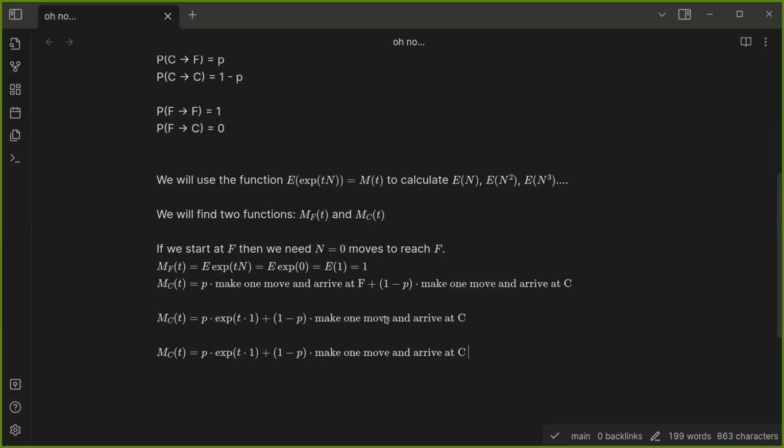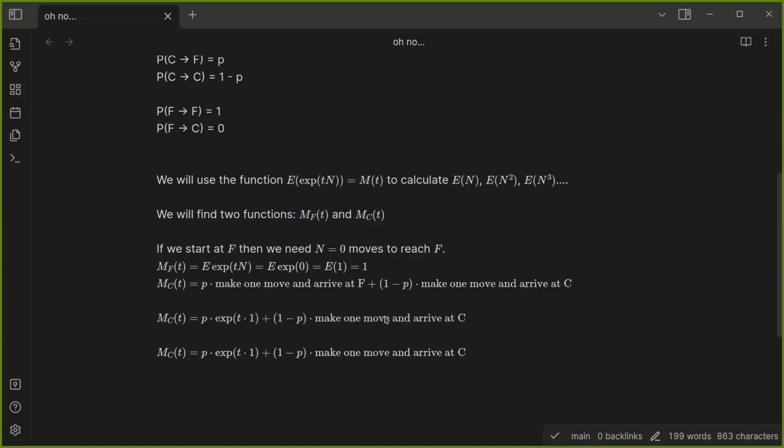I'm starting at the node C. With probability P, I will arrive at the final node in one move, and the game ends. N is equal to 1, game ends. And with probability 1 minus P, I will go back in the node C. That's clear. Any questions?